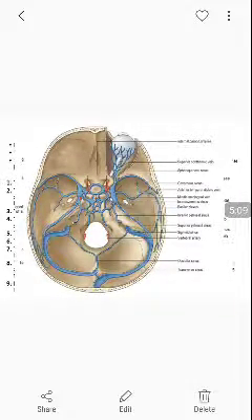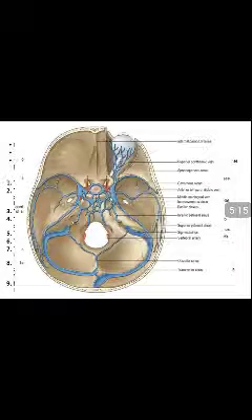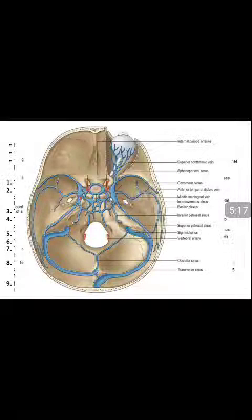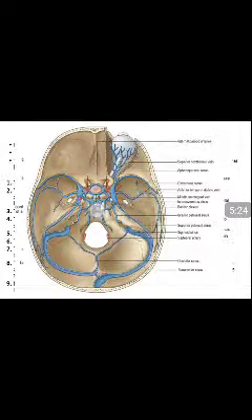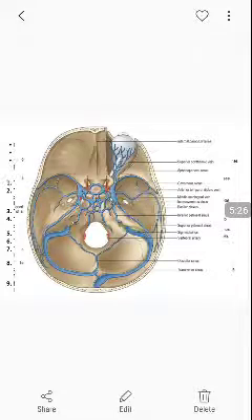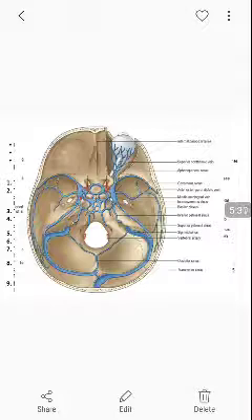The superior petrosal sinus, which joins the sigmoid sinus here, then the inferior petrosal sinus, which passes through the jugular foramen and joins the sigmoid sinus to become the jugular vein. Posteriorly, in the region of the clivus, the cavernous sinus joins the basilar venous plexus, and this basilar venous plexus is continuous inferiorly with the vertebral venous plexus around the spinal cord.